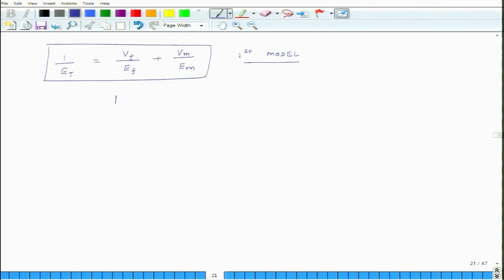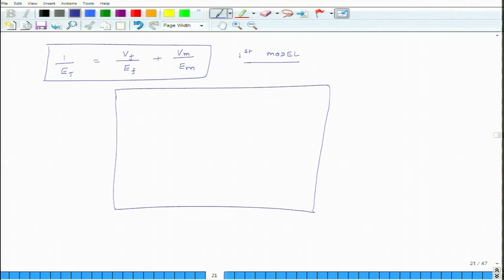Now, let us look at this graph. In this graph, what I am going to plot on the y axis is the modulus of the whole composite, and on the x axis I am going to have volume fraction.